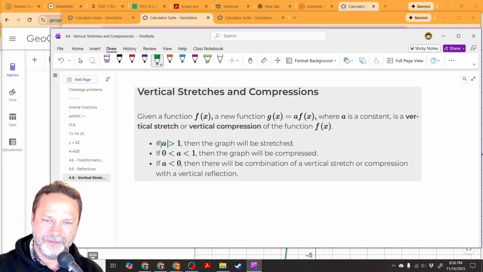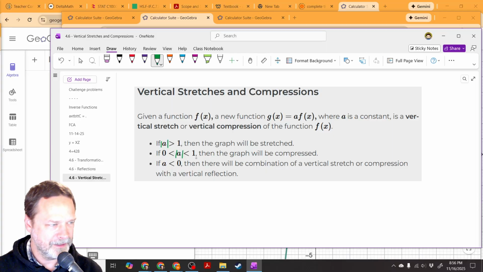If the absolute value of a is greater than 1, then the graph will be stretched. If the absolute value of a is between 0 and 1, it'll be compressed, because when you multiply something by a number between 0 and 1, it gets smaller, right? So that's going to be the compression.